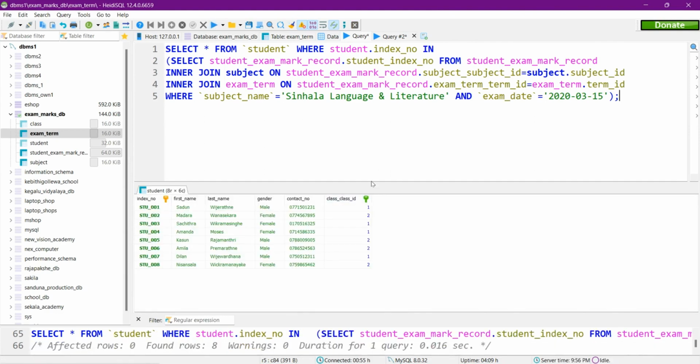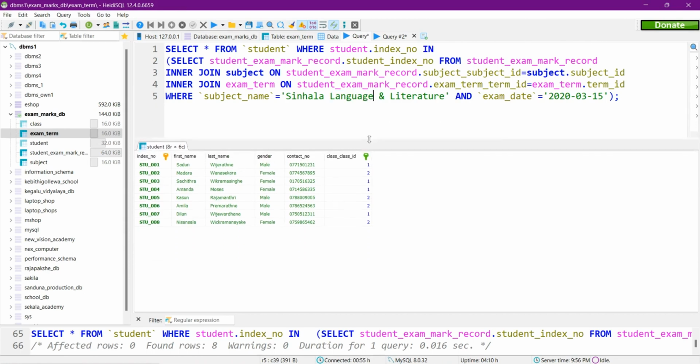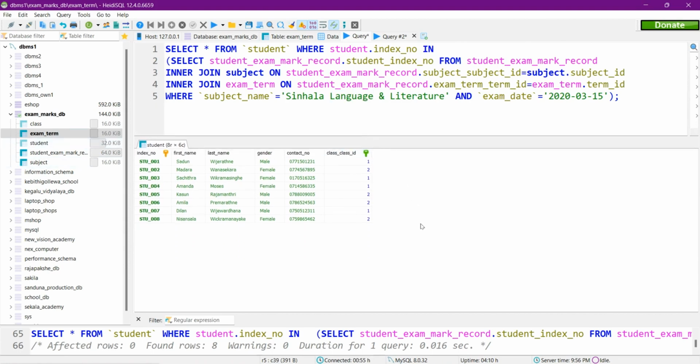So I executed the query, and you can see that we have got results. This is the answer for the first question. When we look at the query, first of all, I have used a subquery, and inside the subquery we have used two join statements.